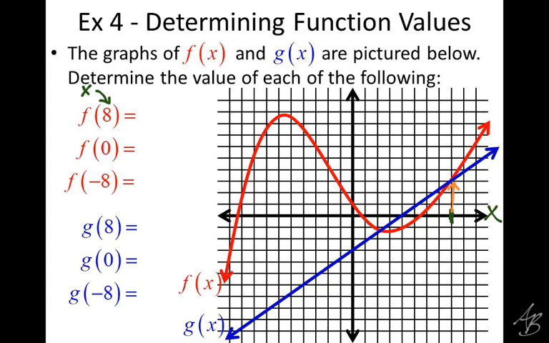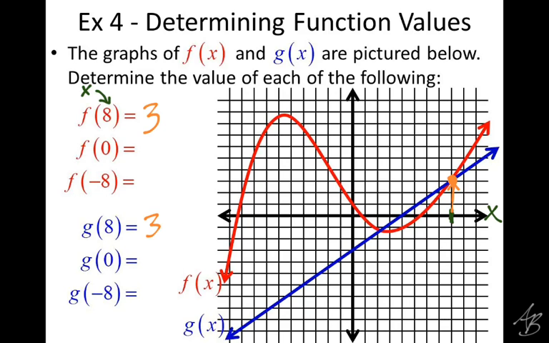Go up 3, right? So f of 8 is 3. Now, while we're at 8, let's go ahead and do g of 8. So for g of 8, we're going to go to 8 on the x-axis, and then we go which way? Up 3. Since both of those functions go through the same point right here, they actually have the same value at 8. So f of 8 is 3, and g of 8 is also 3.